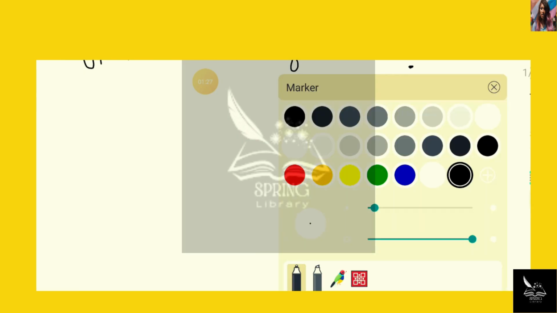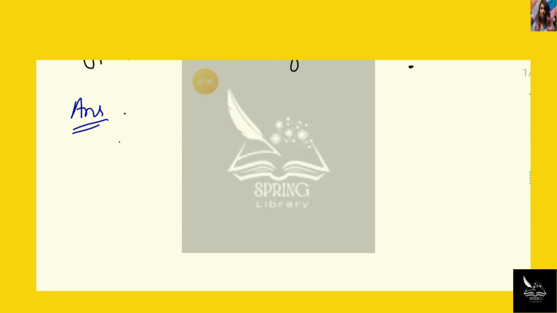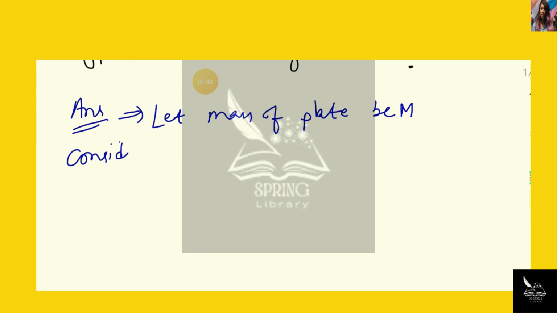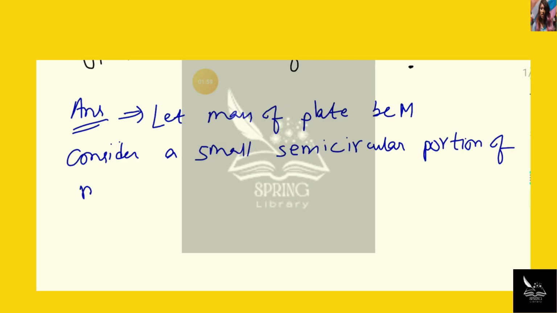In the answer, I will consider that the mass of the plate is capital M. Here I am now considering a small semicircular portion of mass dm, and the radius of this semicircular portion is r.